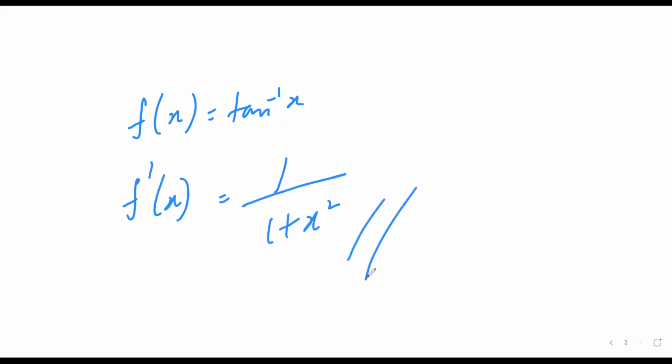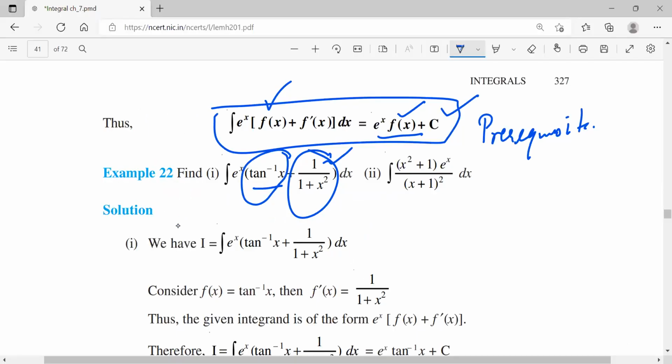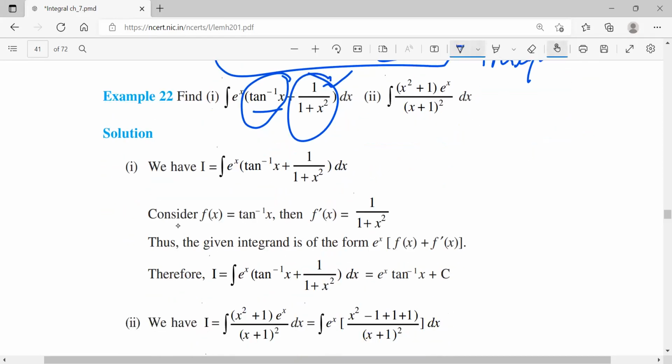That's it. So I can apply this same formula. The answer is e power x into tan inverse of x. That's all. We can see the answer here: e power x into tan inverse of x.